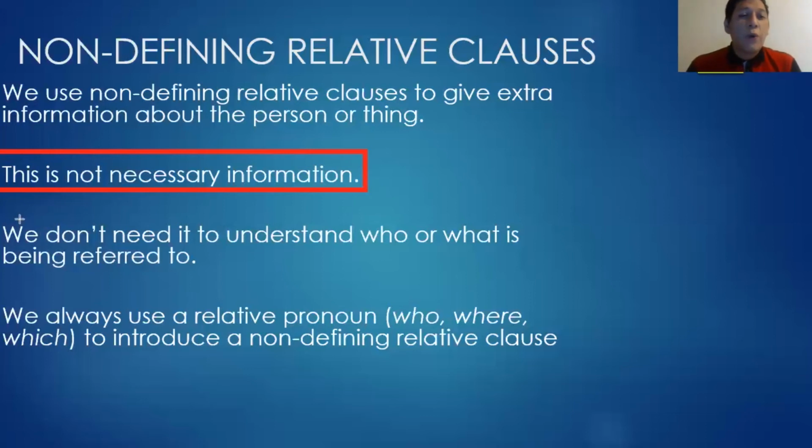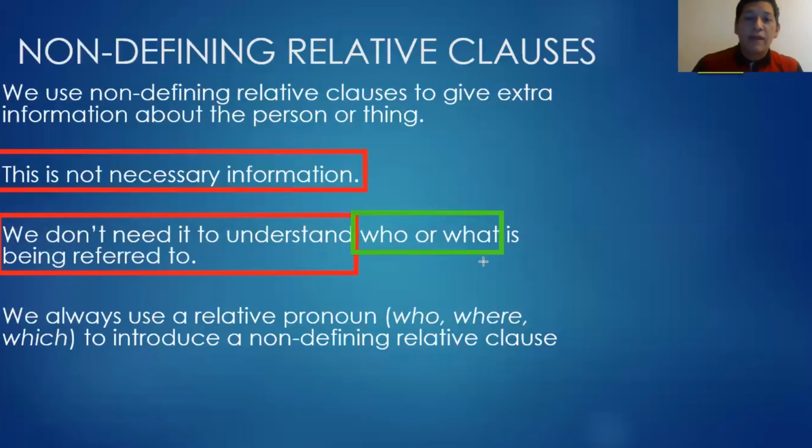It says, we don't need it to understand who or what is being referred to, okay? We don't need this extra information to understand who or what we are talking about, okay? This is very important. You don't need the extra information.